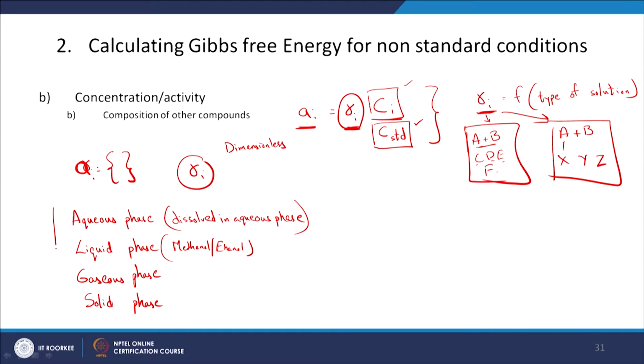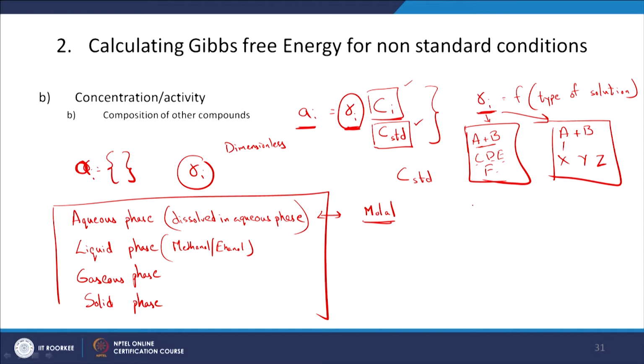For all these cases we need to define the standard concentration. What is it going to be for the aqueous phase? It is going to be molal units. Molal is not similar to molar. Molar is something different. It is not the same as molal, and there is going to be an error of around 3 or 4%.